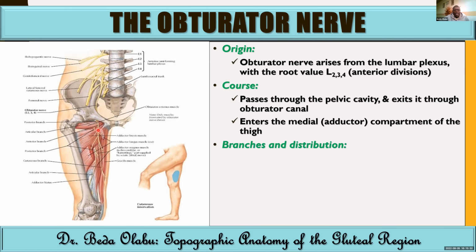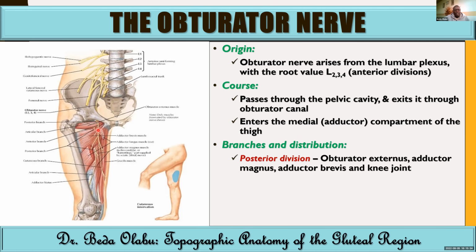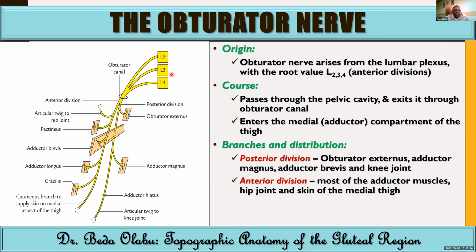Let's talk about their branches. The posterior division goes to three major muscles: obturator externus, adductor magnus, and adductor brevis. But it has a sensory distribution to the knee joint as well. So in this image, we can see the two divisions of the obturator nerve.